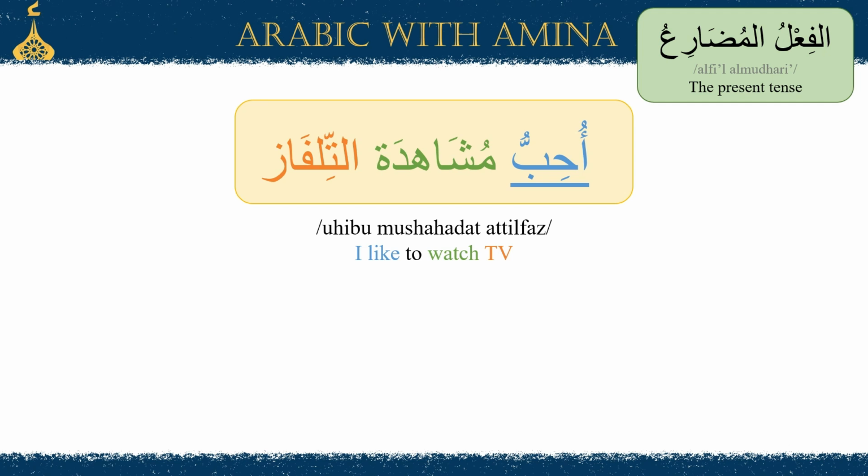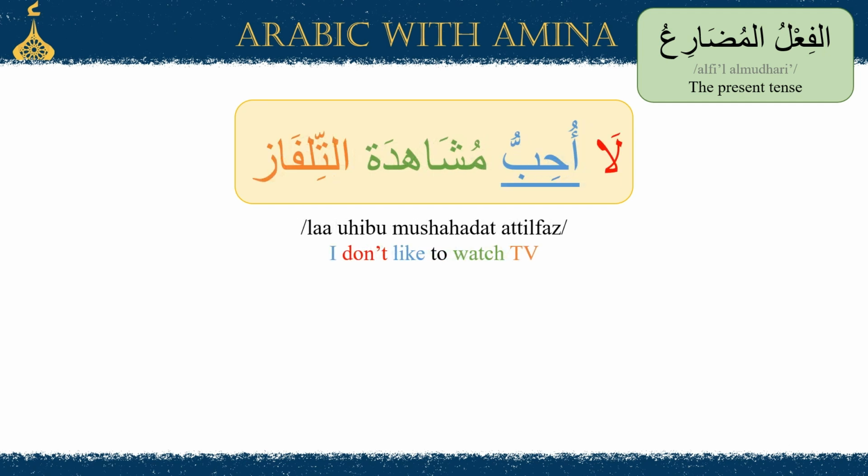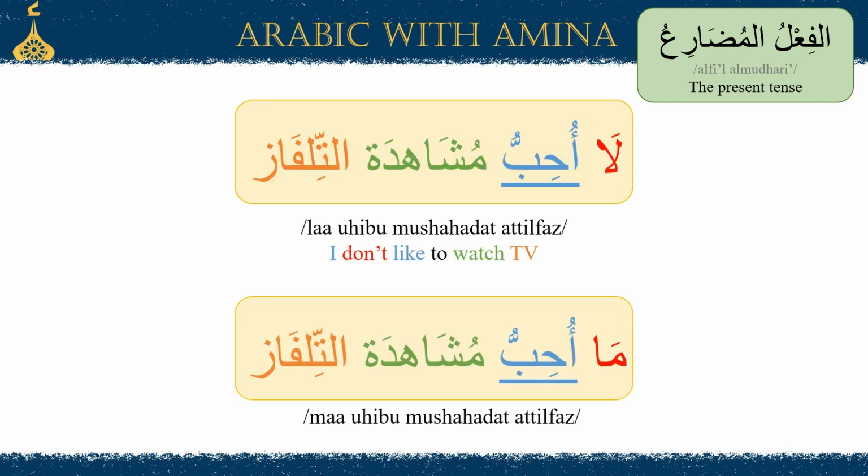Once we have found the verb, we simply insert the particle, either la or ma, before the verb. Now the sentence means I don't like to watch TV. We can use لا, saying لا أحب مشاهدة التلفاز, or we can say ما أحب مشاهدة التلفاز. Both sentences are correct and you can use either لا or ما. It doesn't matter.